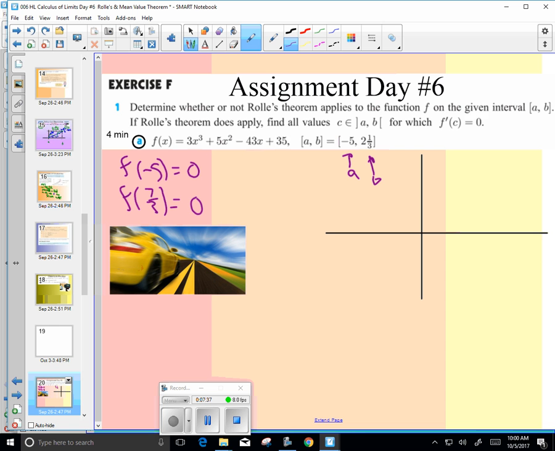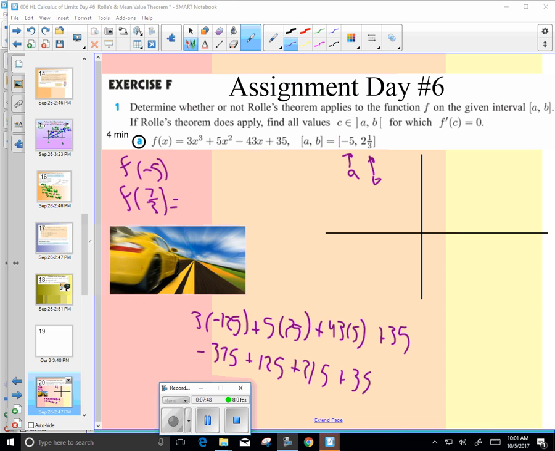So if both values, or wait, maybe they're not 0. Maybe they're the same y. Maybe they're not 0. Somebody do that real quick. I was right. 0. And when we put 7/3 in, it's 0. We didn't check it, but don't tell anybody. And so, therefore, these are both at 0.